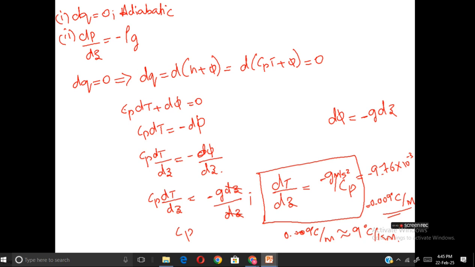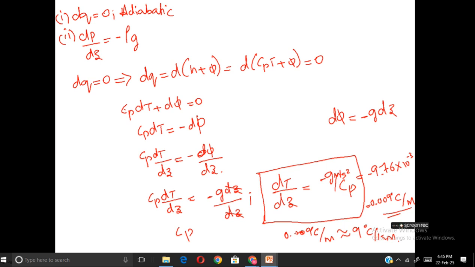Then we learned the value of specific heat at constant volume and the value of specific heat at constant pressure. We also learned Cp is greater than Cv and Cp minus Cv is given by R. Specific heat is the amount of heat required to increase the temperature of a unit mass of a system by 1 degree Celsius.